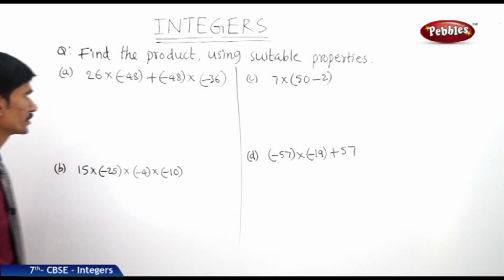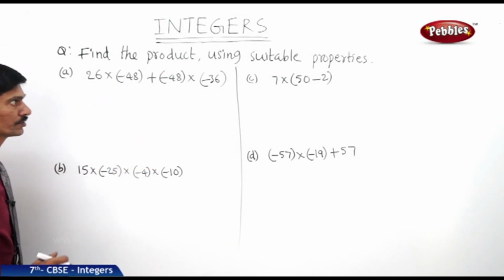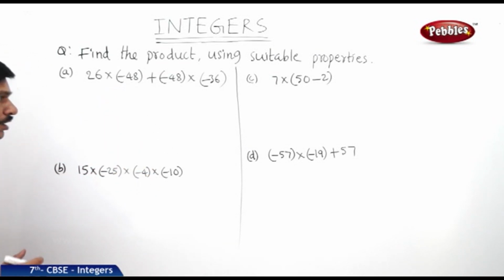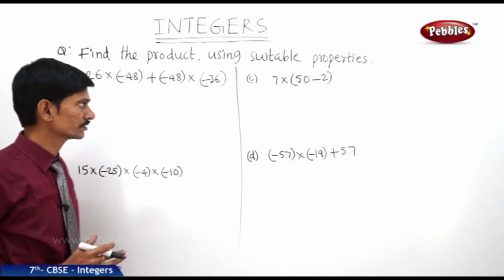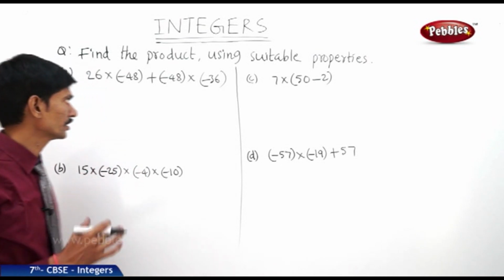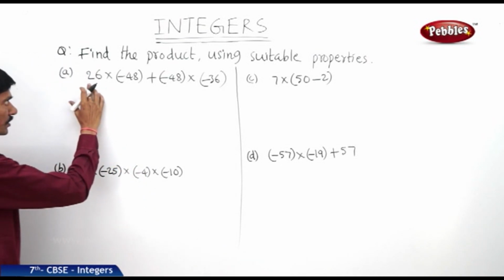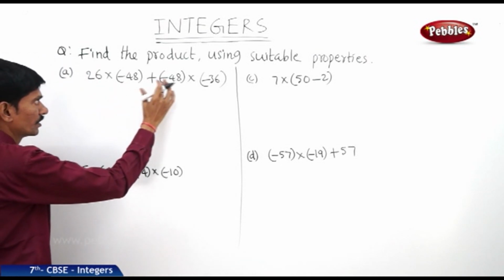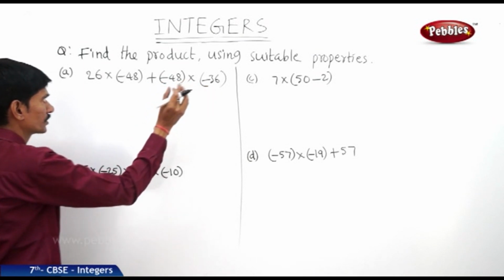Now let us take the next question. Find the product using suitable properties. Now how to find the product of the integers by using the suitable properties, whatever we have learnt earlier. Now the first question is 26 into minus 48 plus minus 48 into minus 36.